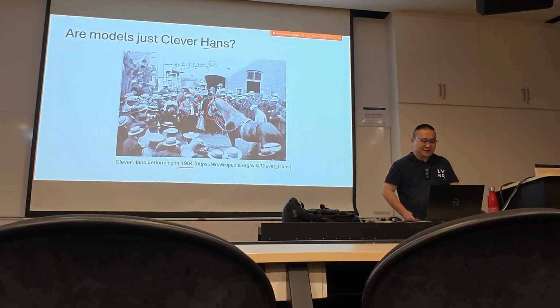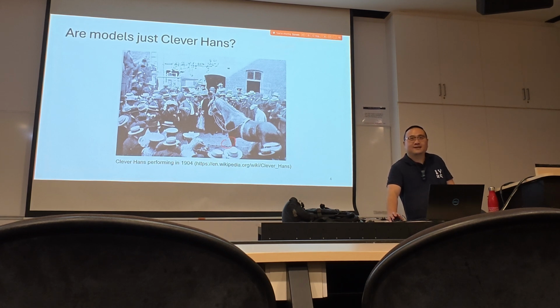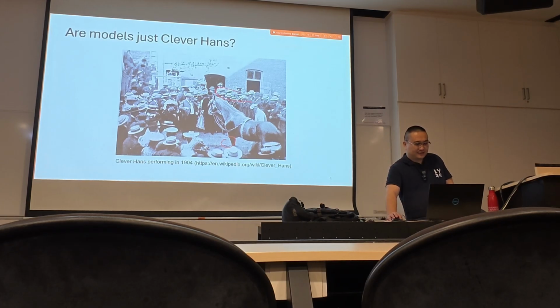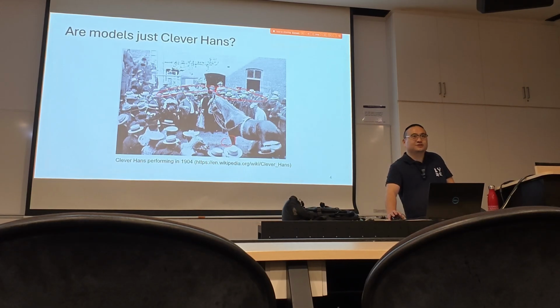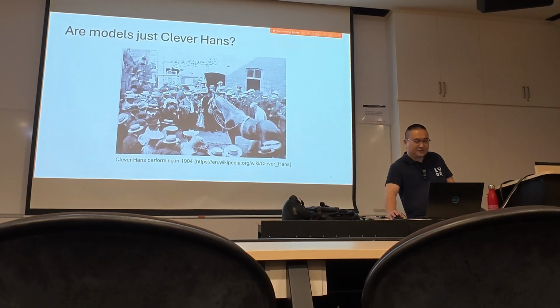When the trainer said, let's calculate 2 plus 2, you know that's 4, Hans would tap the ground 1, 2, 3, 4. At that time, Hans would notice the expression of the audience, who became tense, and Hans just stopped tapping. In this way, the trainer claimed that Hans could do calculation.